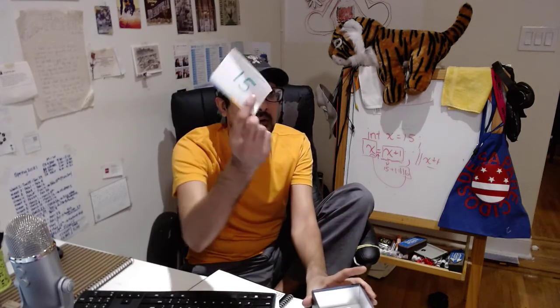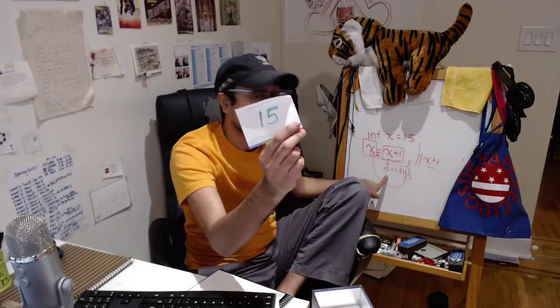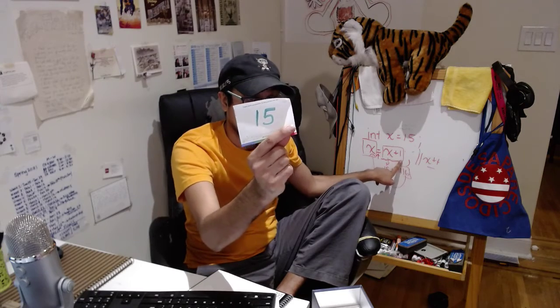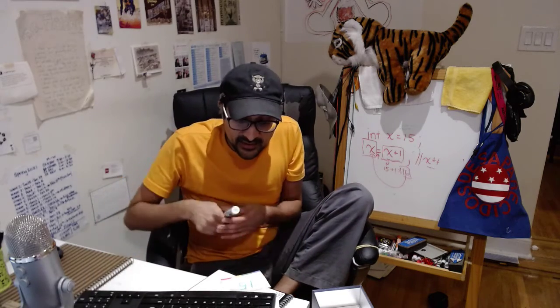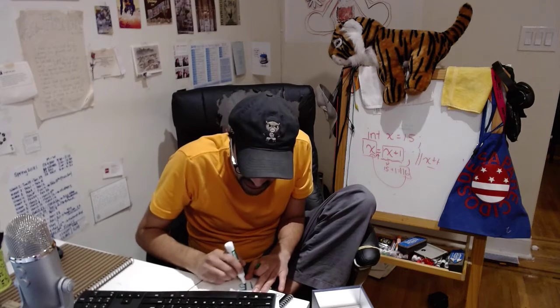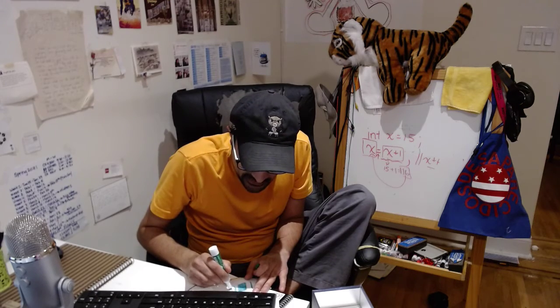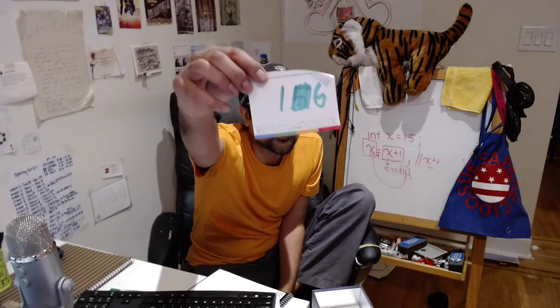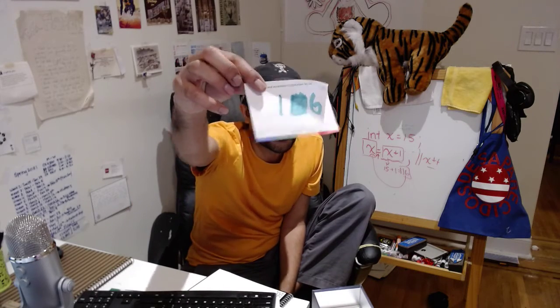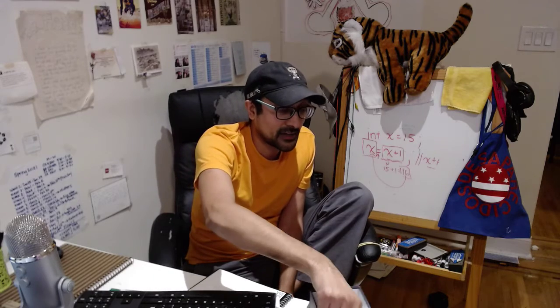It's the number 15. We add 1 to it, and that changes it to the number 16. I think that's right. Yeah, 16. Carry the 1, 16, right? And then we throw it back in the box, okay?